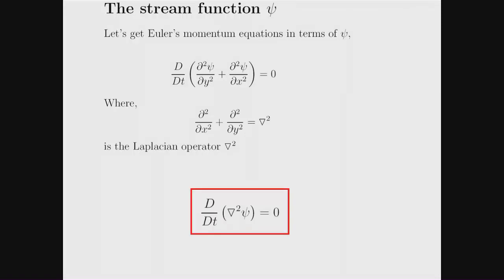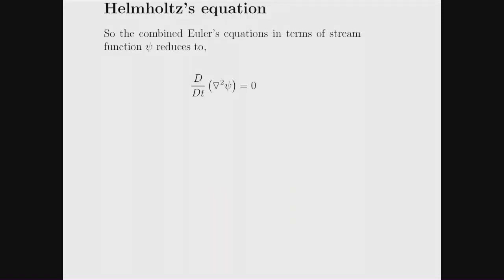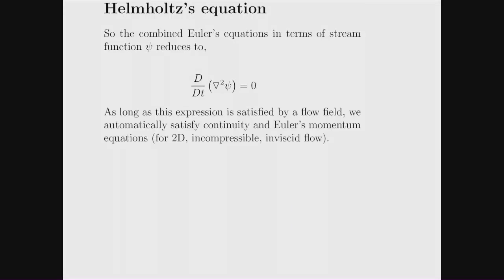Okay, so last week, all right, so we have this Helmholtz equation here, which is basically your Euler's momentum equation, and as long as we satisfy the Helmholtz equation, it automatically satisfies not only continuity, but also our Euler's momentum equations, right?